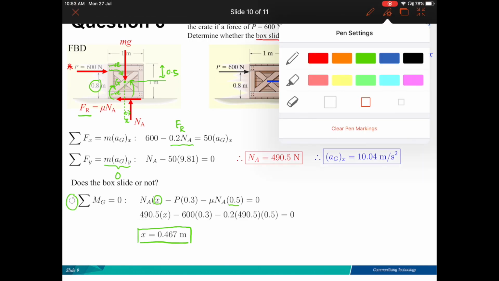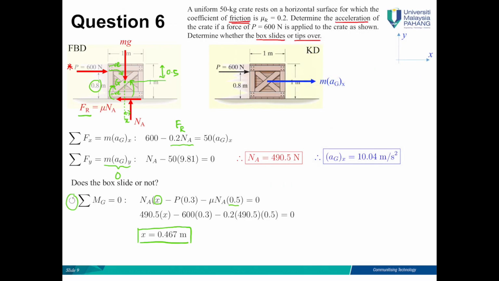What did I mention earlier? I mentioned earlier that if NA is acting at the end, if NA is here, then the box will tip over. So what is this value here from G? This length is 0.5 meter.